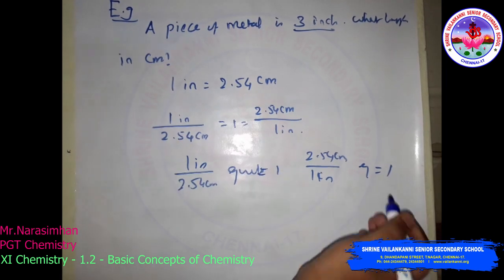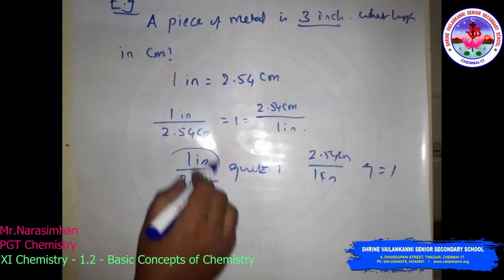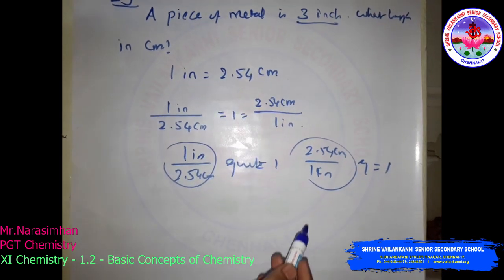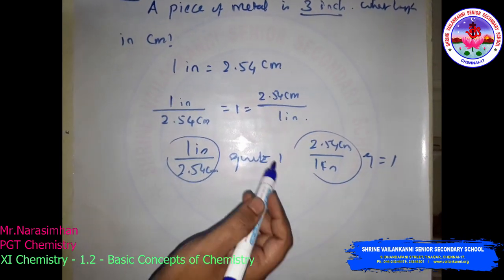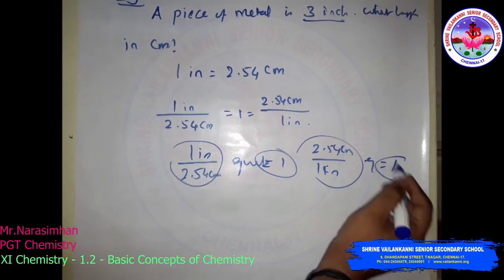Okay, this equals 1 and this equals 1. So both of these are called unit factors.